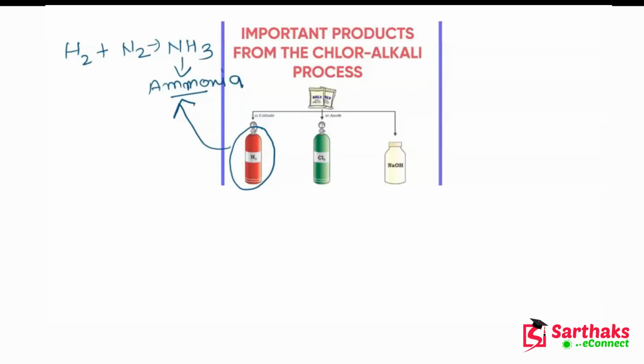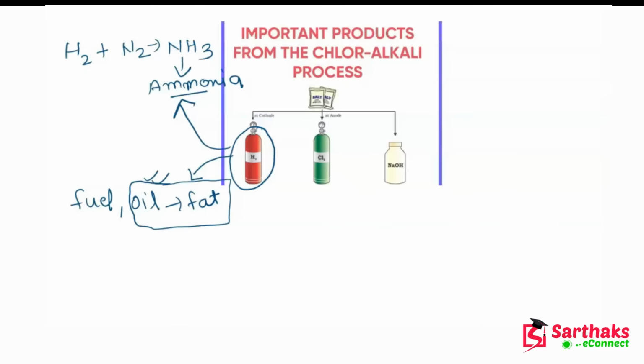This hydrogen is a very explosive gas, so it can be used as fuel, and it is also used to convert oil into fat. This particular application will be taught in the upcoming chapter on carbon and its compounds, where I will teach about this conversion of oil to fat.